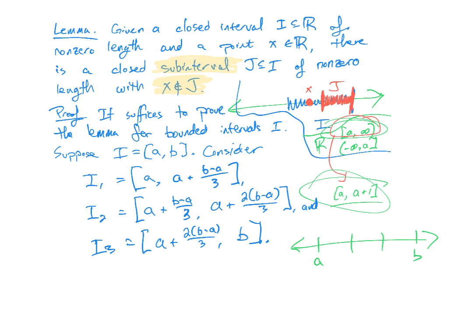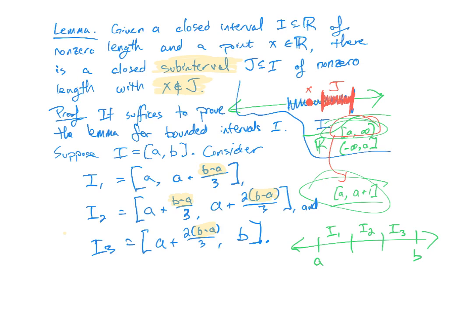So I chopped our closed interval of non-zero length into thirds. Let me just point out while we're here that b minus a is the length, and because that's non-zero, these are actually going to be distinct intervals.